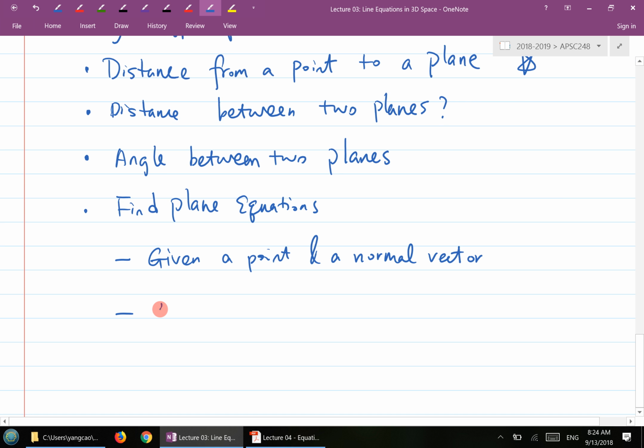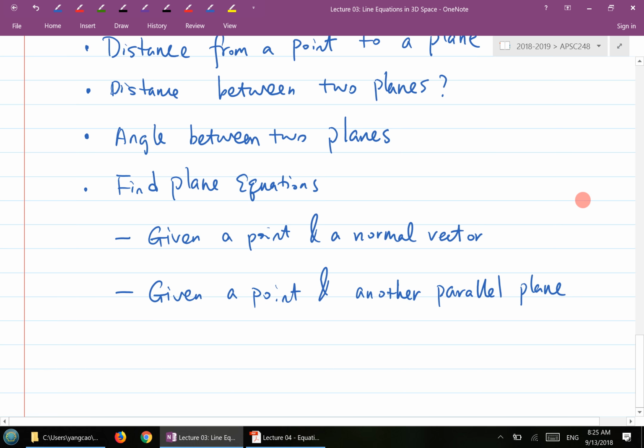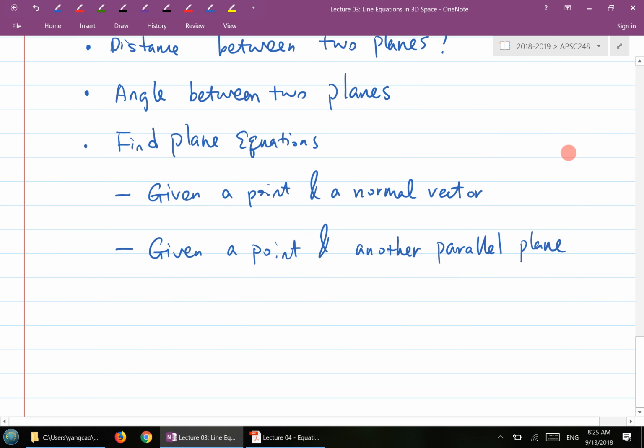However, sometimes instead of giving the information directly, you'll be given a point and another parallel plane. So just a little bit of a twist. Think about what this is.